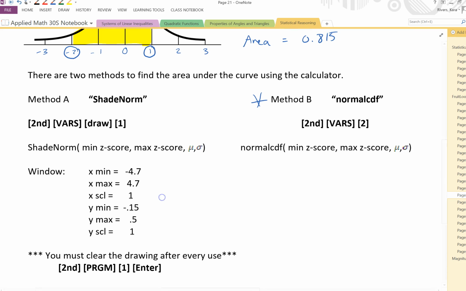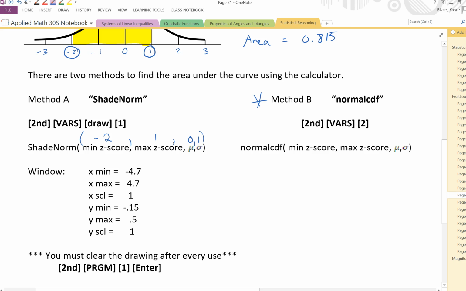And then it wants our mean and our standard deviation, right? Well, our mean for z-scores is always going to be 0, and our standard deviation for z-scores is always going to be 1. Okay, so that's not going to change. So all we need to do is put in our min score and our max score. So in our case, that would be -2 and +1, and then we put 0 and 1.